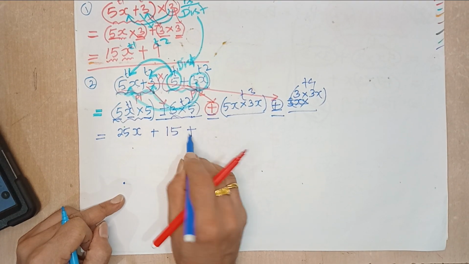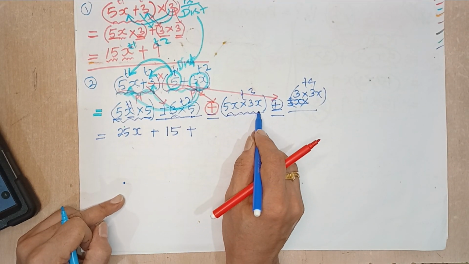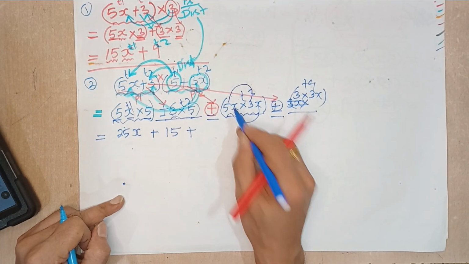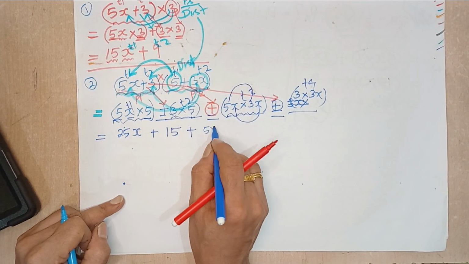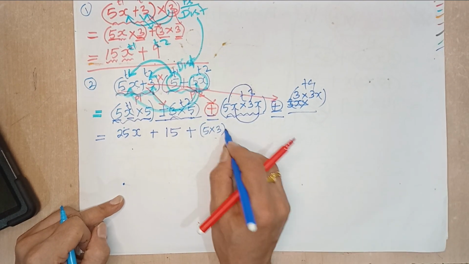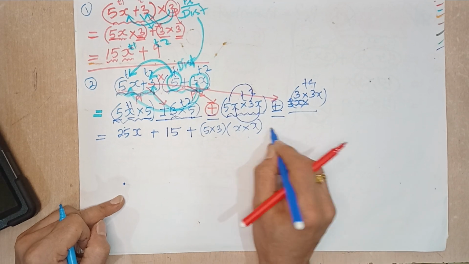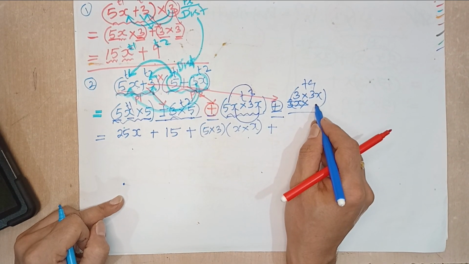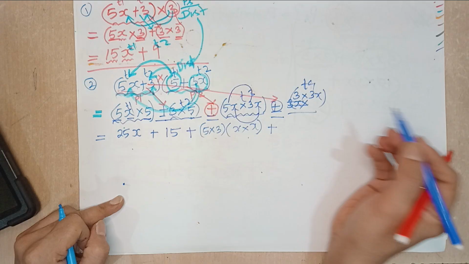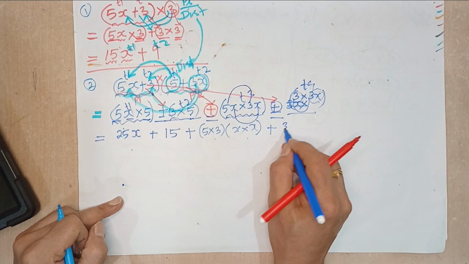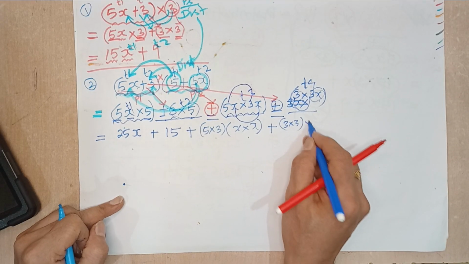That is plus 5x into 3x. So this will be 5 into 3, x into x. We can write it for our better knowledge and leave it as it is. Plus in the fourth term, 3 and 3x. So 3 into 3, then into x.